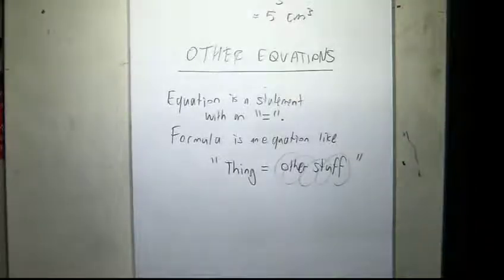And that thing is a single letter usually. So in a formula like rho equals m on v, that's a formula. It's a perfectly good equation, but it's a formula because it's a single letter equals. And the reason it's called a formula is because it allows you to calculate something, whereas an equation may not let you calculate anything, it may just tell you information.